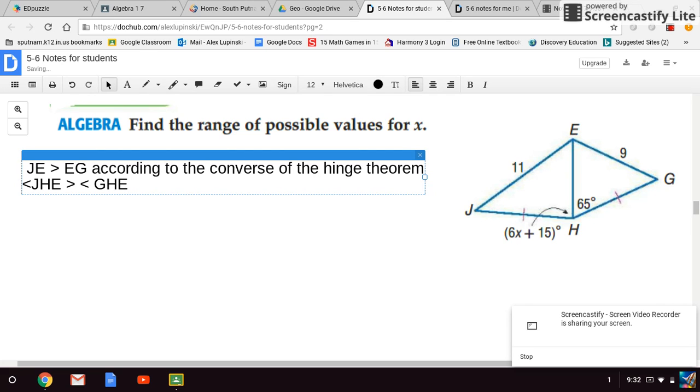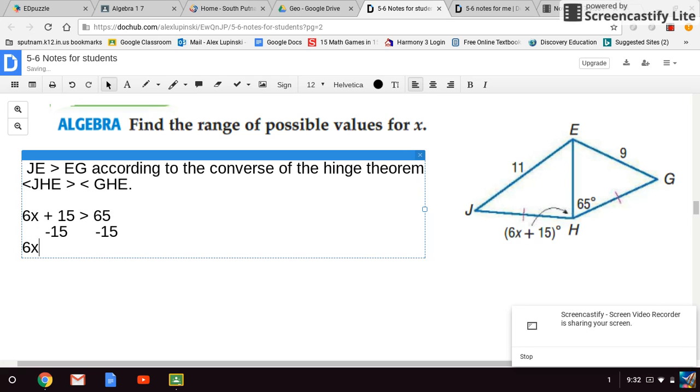So if we know that, we can set up a little equation. We can say that JHE, which is 6x plus 15, has to be larger than the degree measure of 65. So we can solve that. First, we're going to subtract 15. And that'll get us 6x larger than 50.